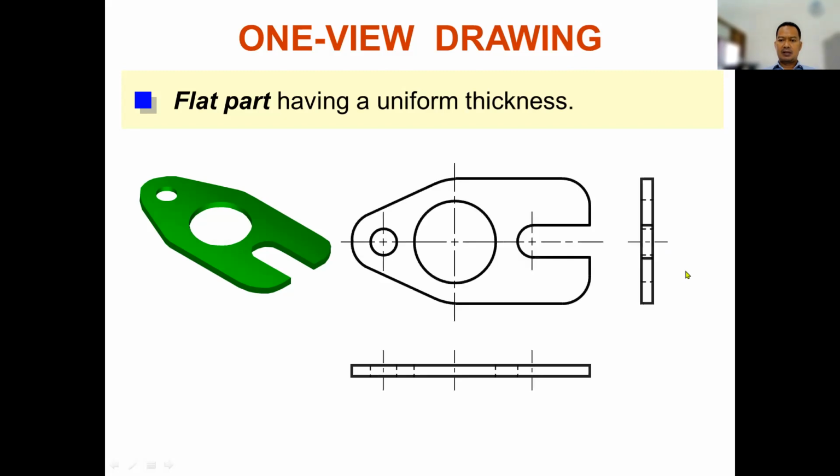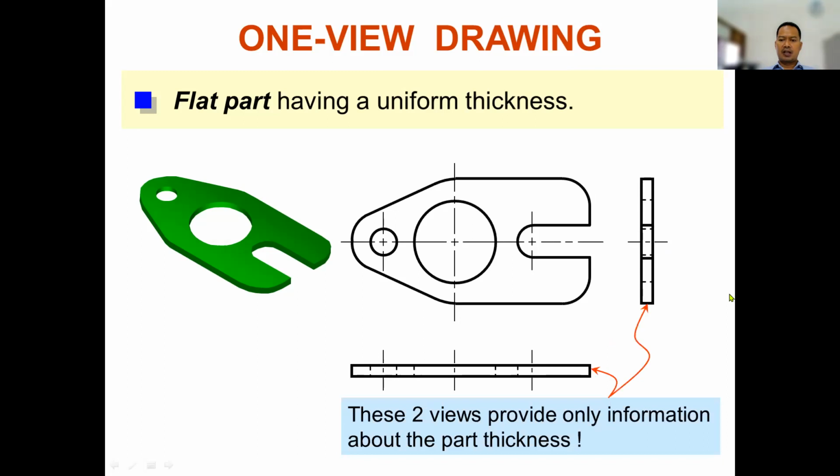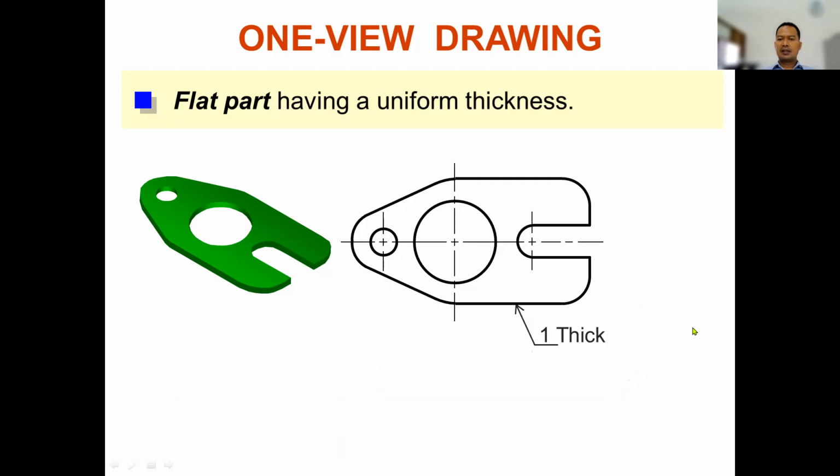For example, when you make a projection of front view, right view, and bottom view, these 2 views provide only information of thickness. So you can eliminate the other projection views. Then you only need 1 view drawing.